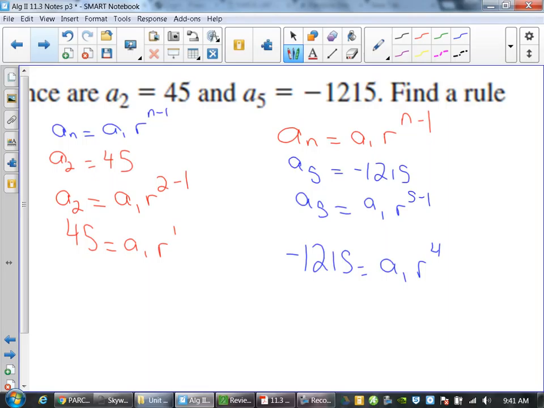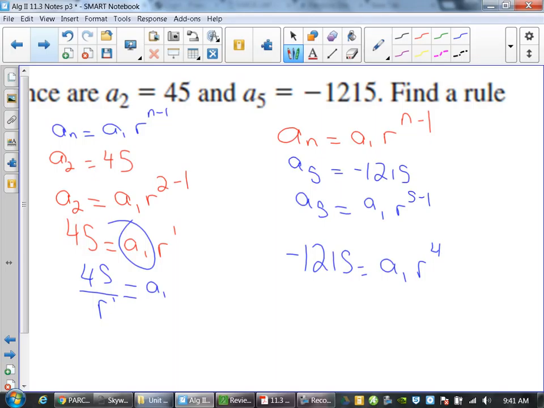Looking at left or right, which one would be easier to isolate one variable? Left. Correct. Which one should we get by itself? 45 divided by r. Correct. You want to get the first term isolated. If you take 45 divided by r to the first power, that's your first term.